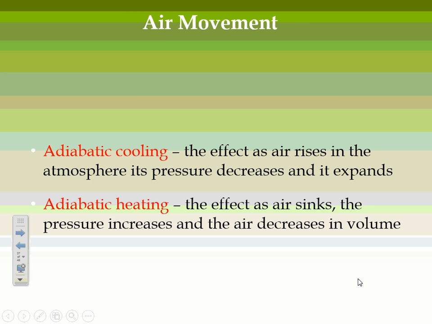So here are the definitions of these two concepts. Adiabatic cooling is the effect as air rises: the pressure decreases and it expands. With adiabatic heating, as air sinks, the pressure is increasing and the air decreases in volume.